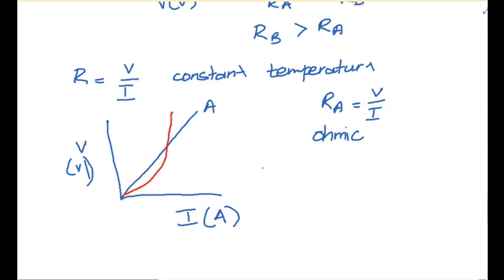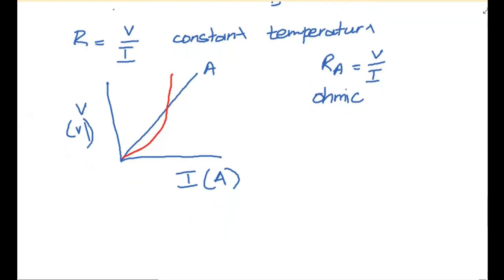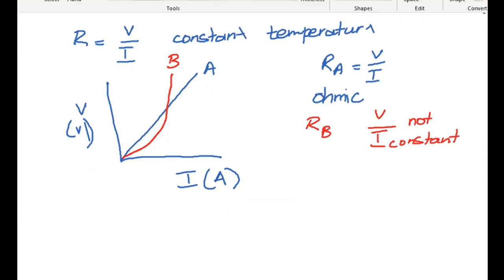And in fact, if you look at that graph, let's make that B. So if I look at the resistance of B, V over I is not constant. And how do I know it's not constant? Because you guys are good, you know how to do your maths.